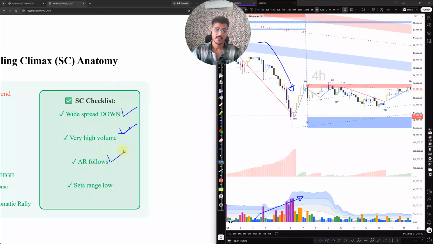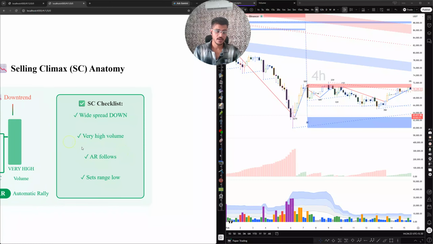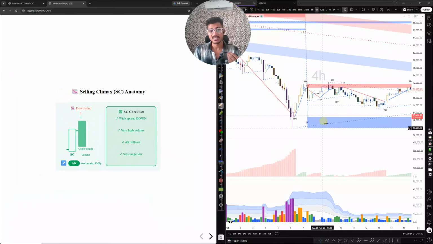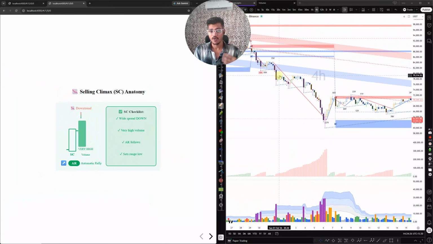And then immediately the AR follows, and these are the boundaries that set the range of the accumulation. Whenever you see this very high volume widespread bar and then immediately the AR follows, that's your selling climax.